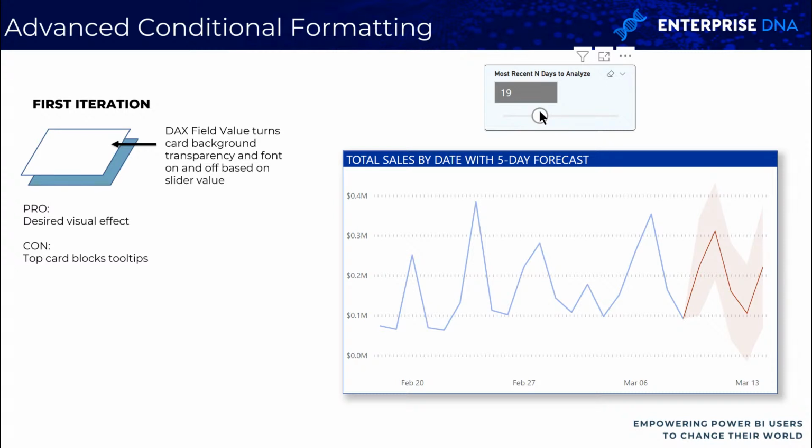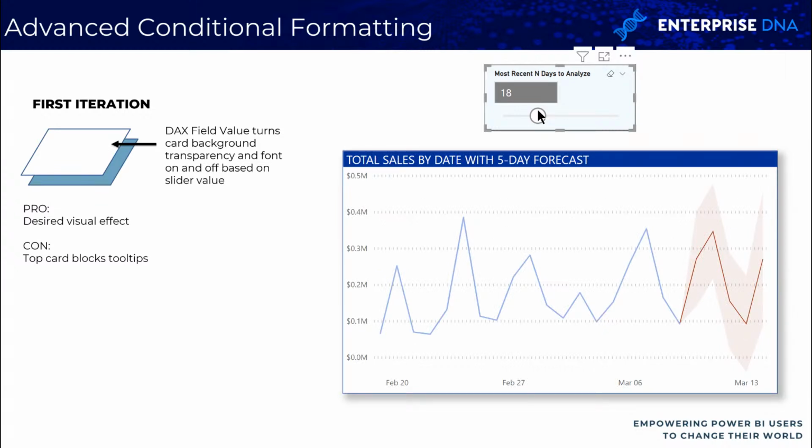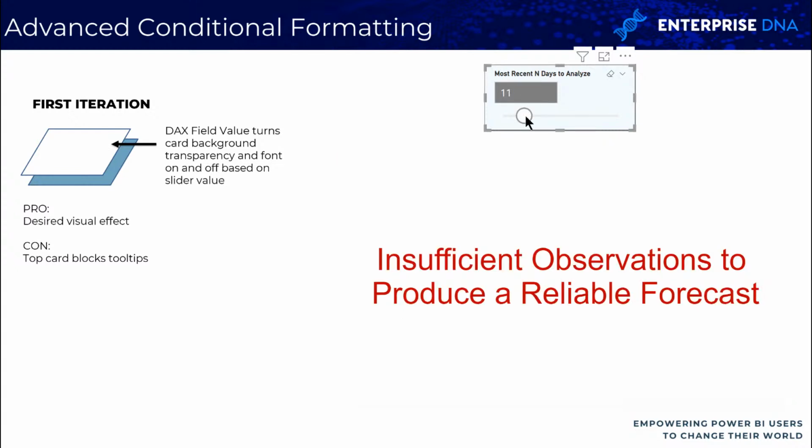So what they decided was that 16 observations was the threshold, that at 16 or below, it would not produce reliable and valid results. So they wanted to show the chart if they had more than 16 observations and have basically a warning message that there were insufficient observations if they had less than 16.